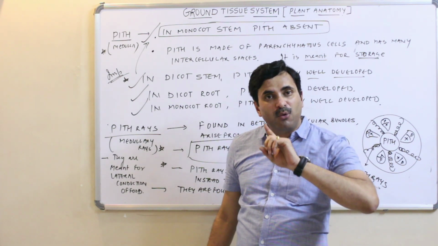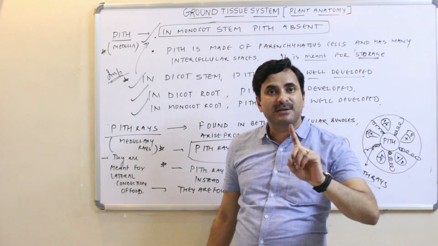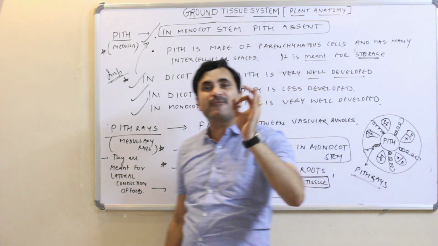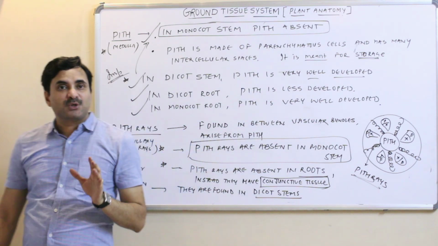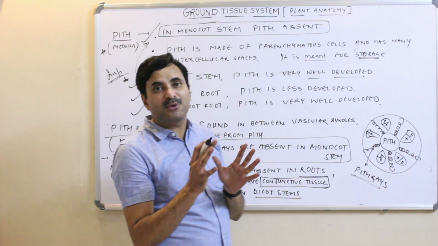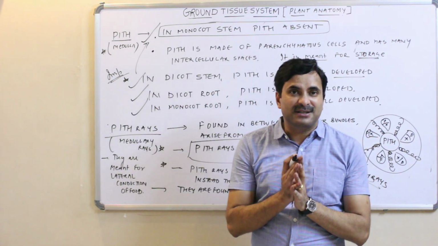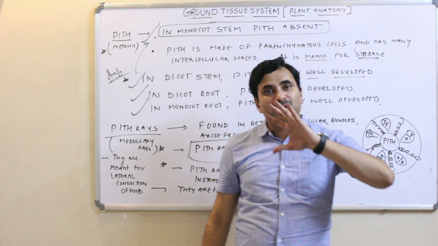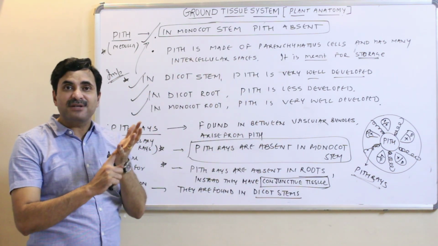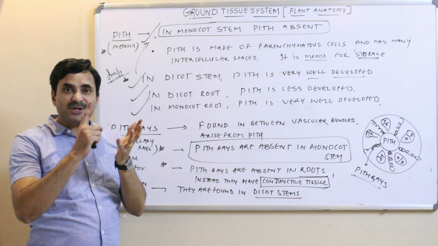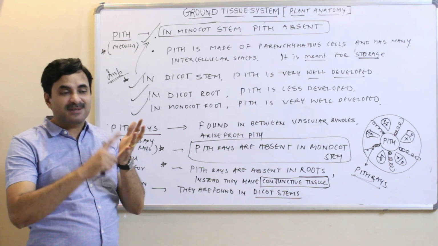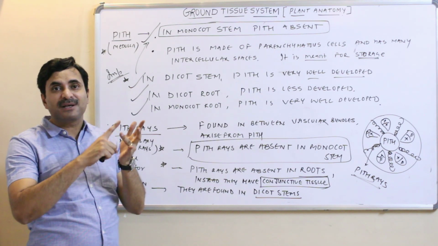If you go through all the videos which I have uploaded, then you can easily attempt 95% questions of any book. So try to focus on these videos, because our videos are totally based on the quality and the content. Alright, so today we have discussed the ground tissue system, in which we have discussed the very first one, hypodermis, general cortex, endodermis, pericycle, pith and pith rays.